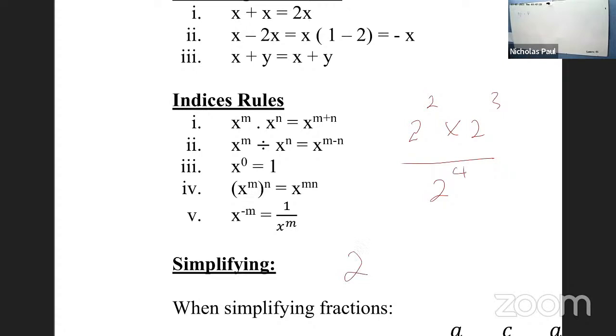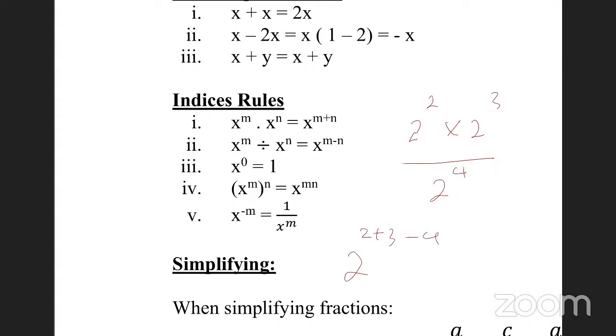Add the powers, and then you minus for the division, because they are all to the same base. So that's 2 plus 3 minus 4, and that will give us 2 to the power 1, which is just 2 again. Are you okay with that? Quick little rules for you to remember.